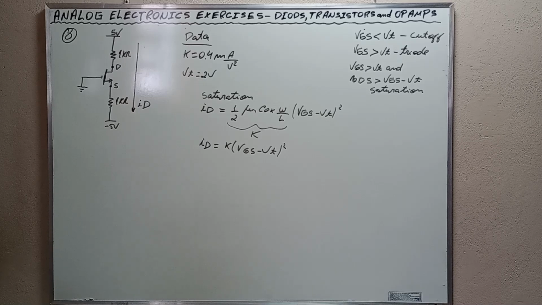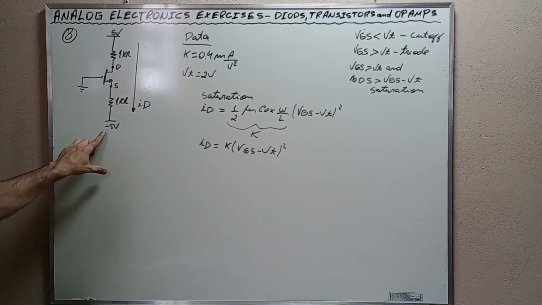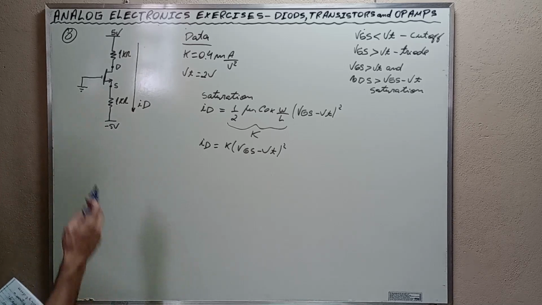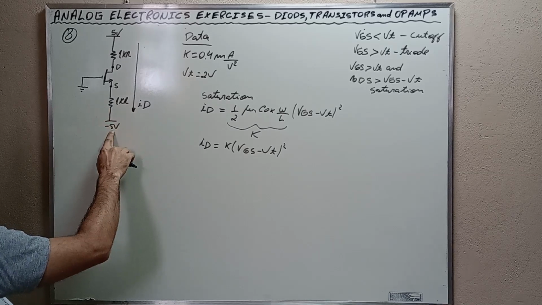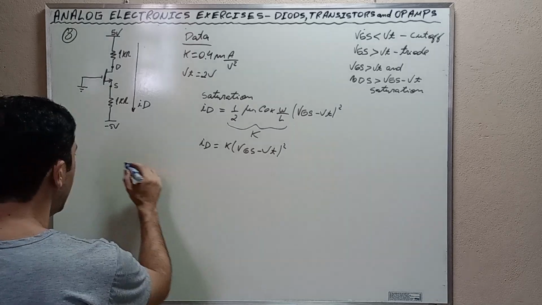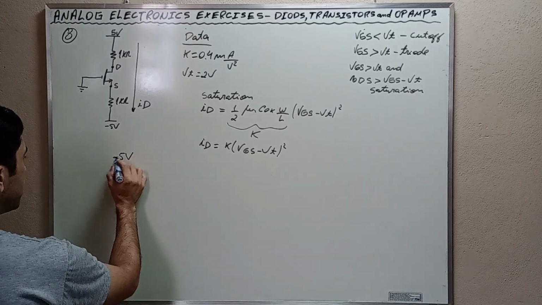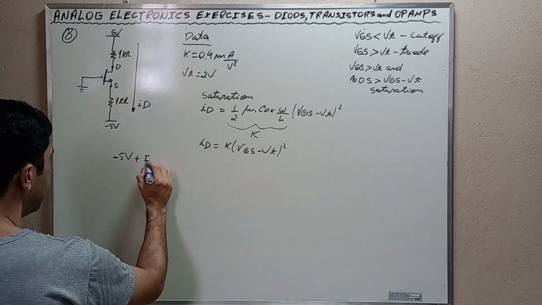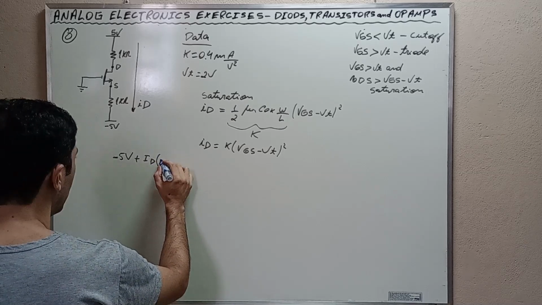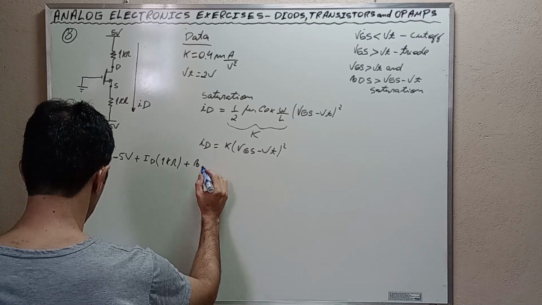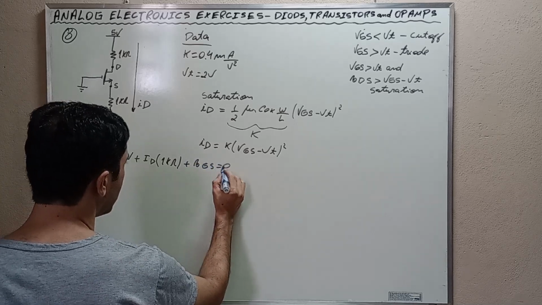From the negative 5 volt source to the ground, okay, here from the negative 5 volts to the ground, we have that negative 5 volts plus ID times 1 kilo ohm plus VGS is equal to 0.